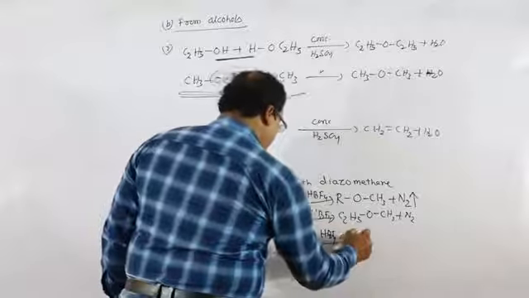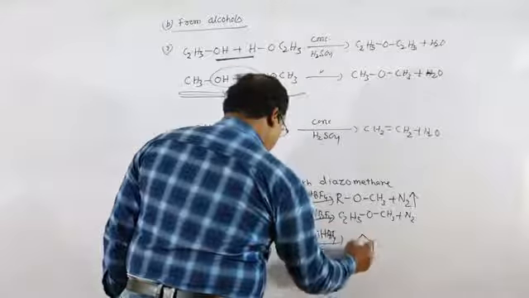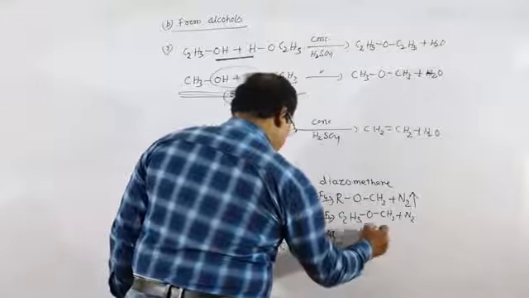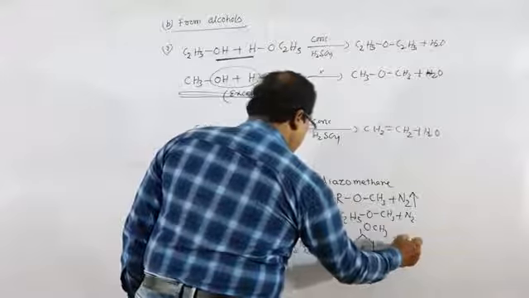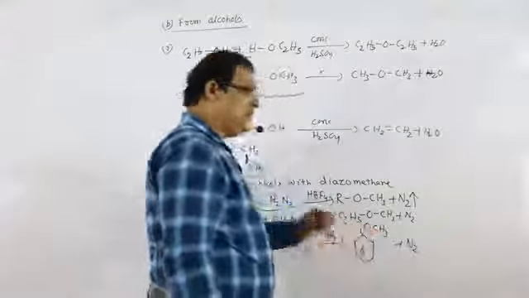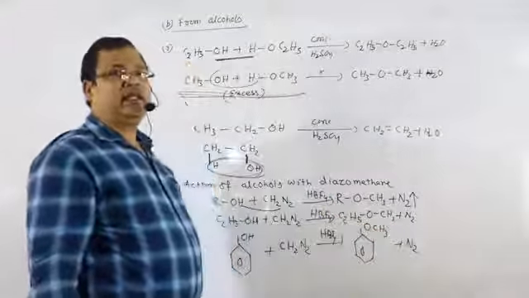So there is the formation of benzene containing OCH3 plus N2, that is methoxybenzene, otherwise known as anisole.